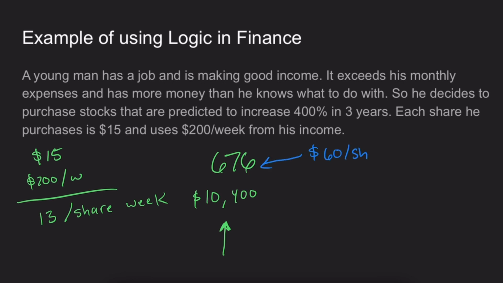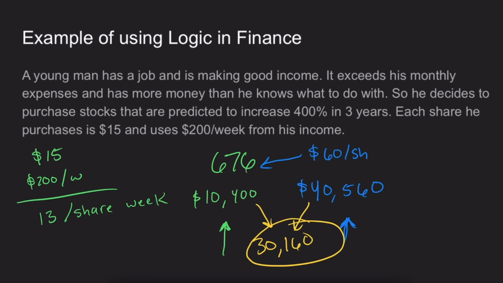So 60 times 676 is $40,560. And that is, boom, that is a $30,000 increase.